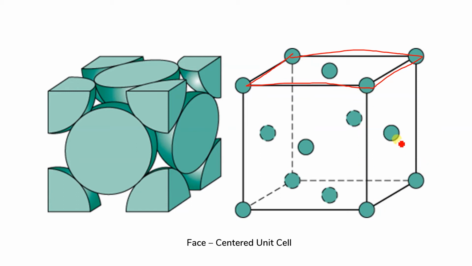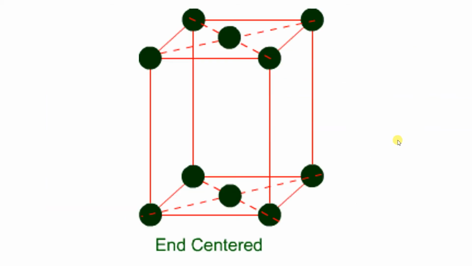So there are 6 faces, and at the center of each face there will be a particle. Then the end centered. This is the example which I was explaining. We can say it as end centered, base centered, or alternate phase. It is at the alternate phase also. I hope it is clear. Any problem in this?